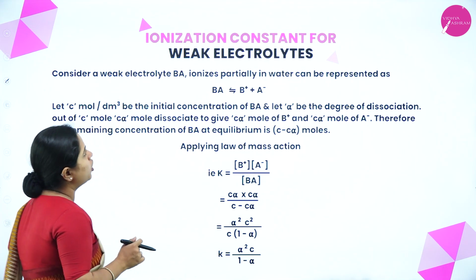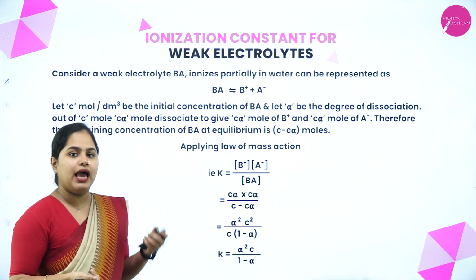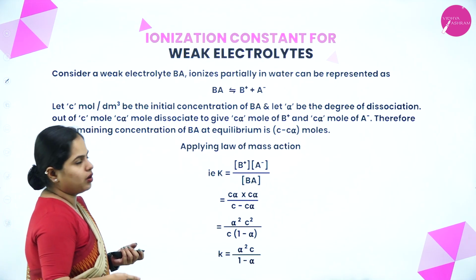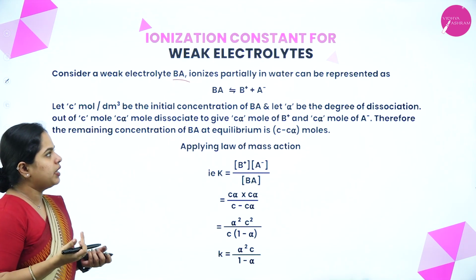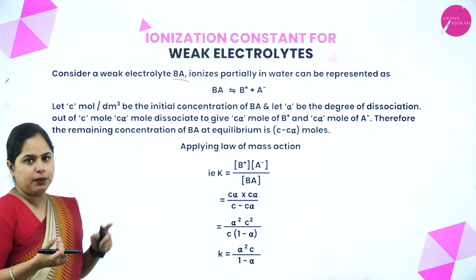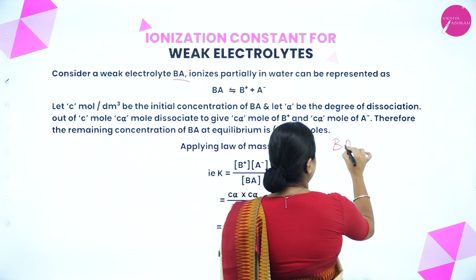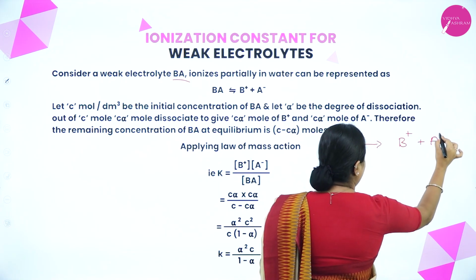Now moving on to the next one, that is ionization constant for weak electrolytes. Let's consider a weak electrolyte, BA, which ionizes partially in water and can be represented as BA gives B plus and A minus. So this is your weak electrolyte, which will dissociate into B plus and A minus.